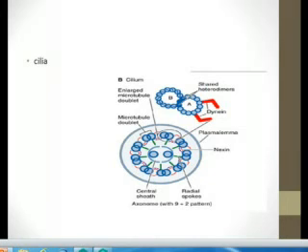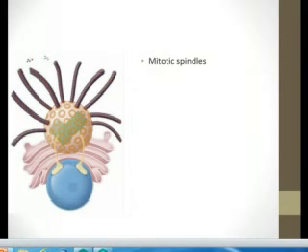So the centrosome and the basal bodies are the microtubule organizing centers, and the cilia and the mitotic spindles are structures made of microtubules. Now, how do the microtubule associated proteins play their role?